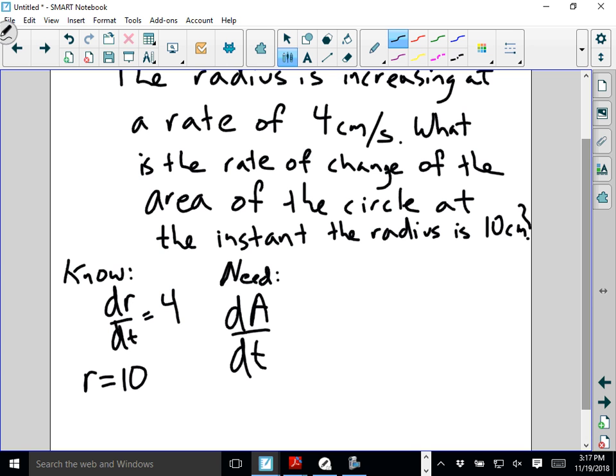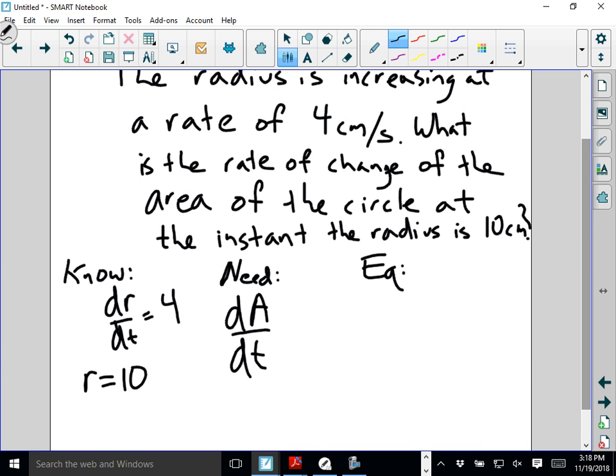After my know and after my need, I want to find an equation. I want to find an equation related to the shape or the scenario that I'm dealing with, that when I do the derivative, I'll get dA/dt. I need area to come out here. Now, we should know two equations with circles: an area equation and a circumference equation. Obviously, the equation we want here is area, so when we differentiate it, we get dA/dt.